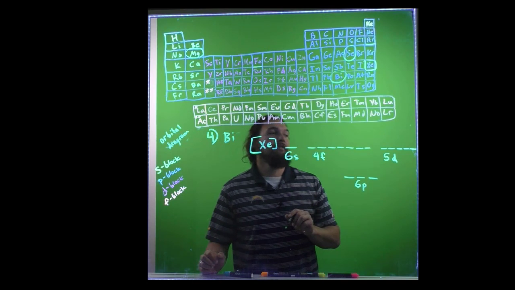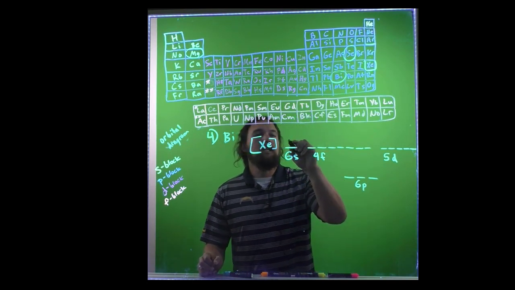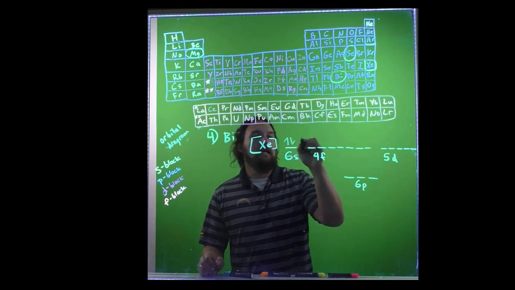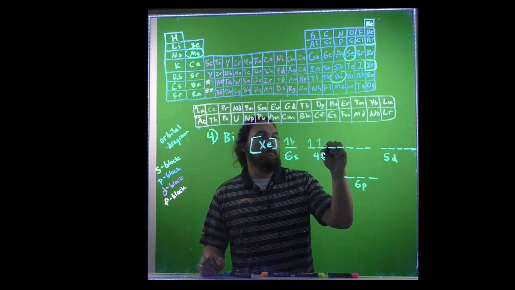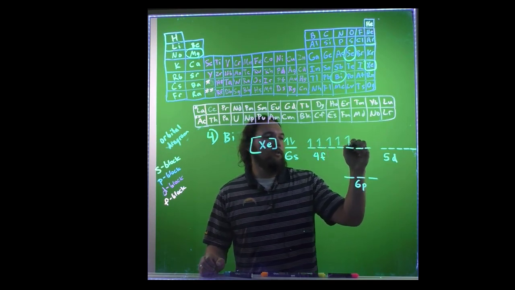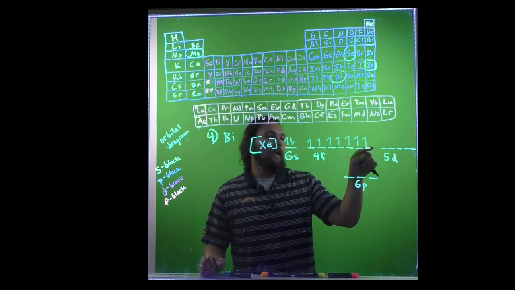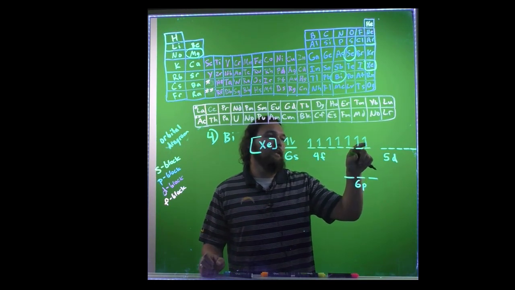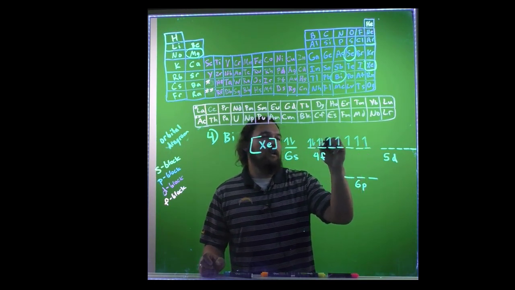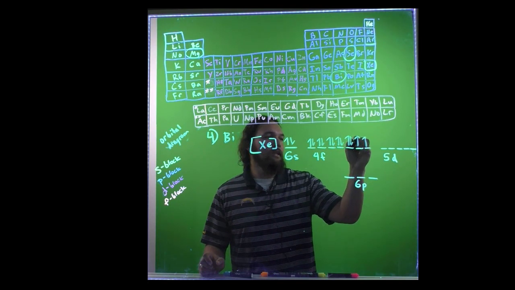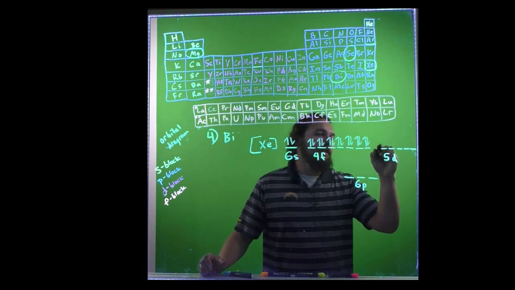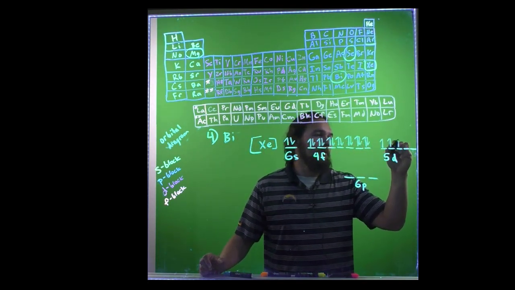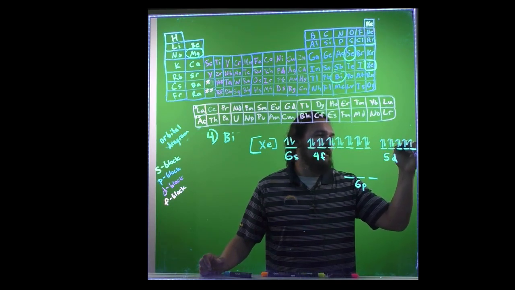So if we were filling up, according to Hund's rule, we go up, down, up, up, up. So once you get to a degenerate orbital, like all the f's, they fill up all 7 in the up direction, then they start filling down like this. When we get to 5d, we go up, up, up, up, up, down, down, down, down, down.